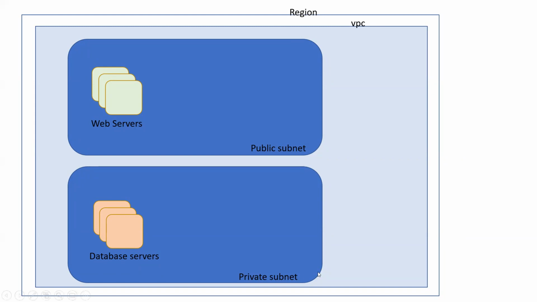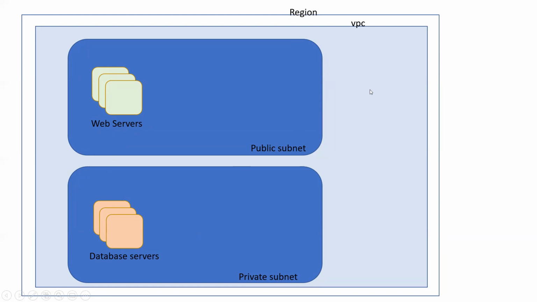Within a region, you have the concept of availability zone, right? Now within an availability zone, you can have multiple subnets. You can divide at the network level, saying that certain IP ranges will go into this subnet, and certain IP ranges will go into that subnet. I'm keeping all my web servers here, and all my database servers here. My web servers need internet connection, but database servers do not.